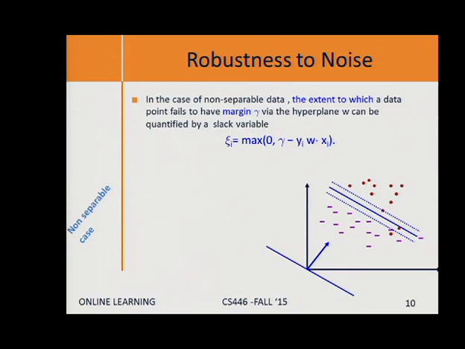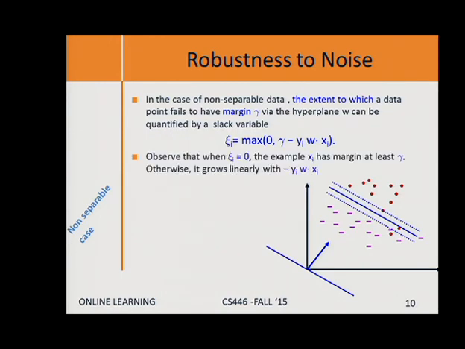How do I quantify it? I want to quantify it using this slack variable, psi, and I'm going to measure it this way. I'm going to look at the maximum between 0 and the difference between gamma and y_i times the dot product. So let's think about what this means, right? We actually looked at it before. When it was linearly separable, we said that this is always greater than gamma, right?